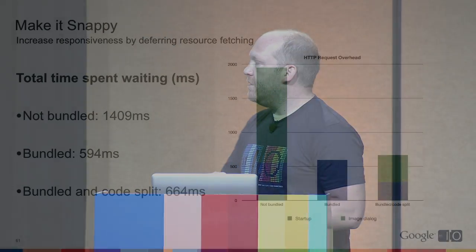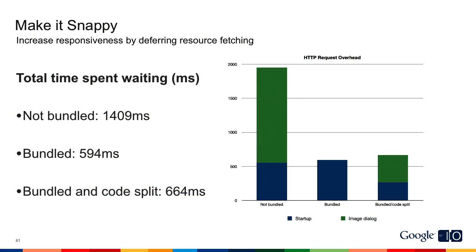If we look at it, it's pretty staggering, the difference in timing. This is the amount of time spent waiting. If you have a non-bundled application, you end up spending 1.4 seconds, or 1,400 milliseconds, waiting for the request to actually initiate, go, and then you start getting data.